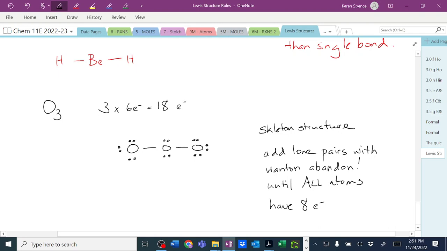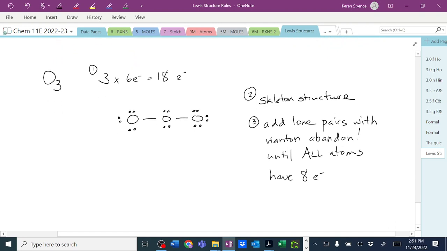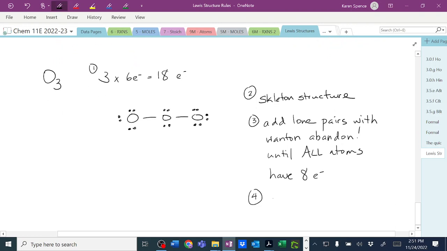Unless, of course, they're an exception, which they aren't because they're all oxygen. And then step 4, we are going to count and check. So we look and we have 2 lines and we have 1, 2, 3, 4, 5, 6, 7, 8 lone pairs.